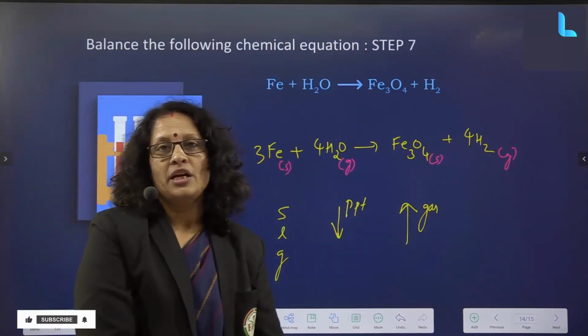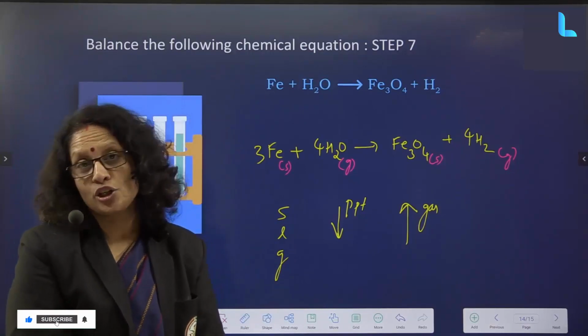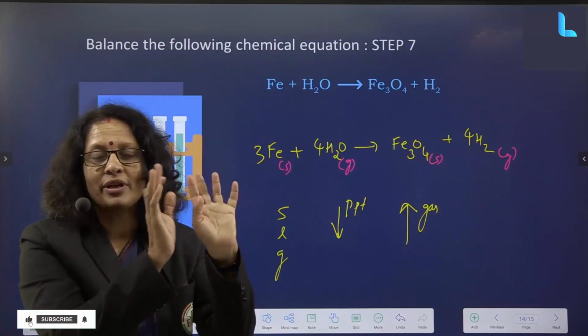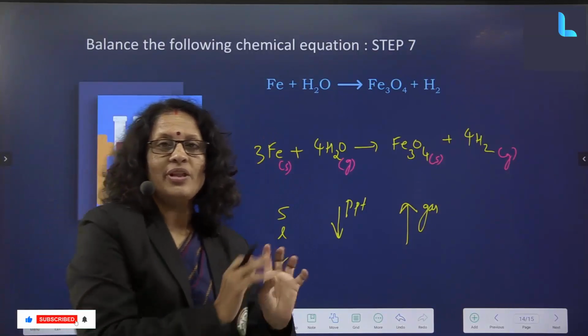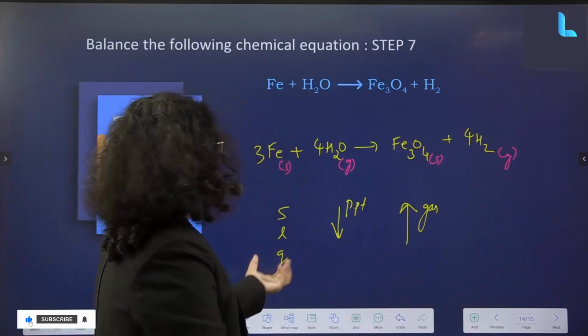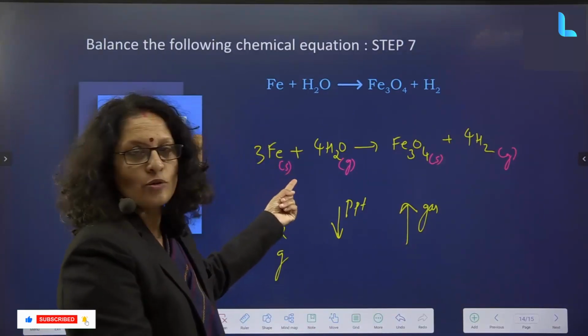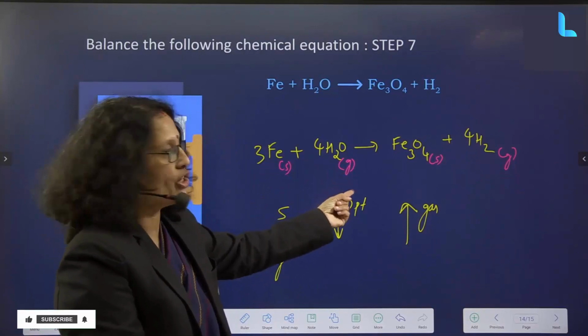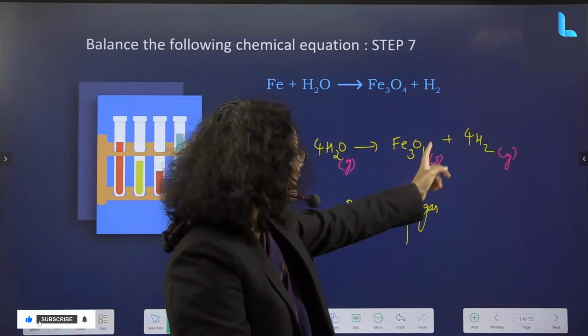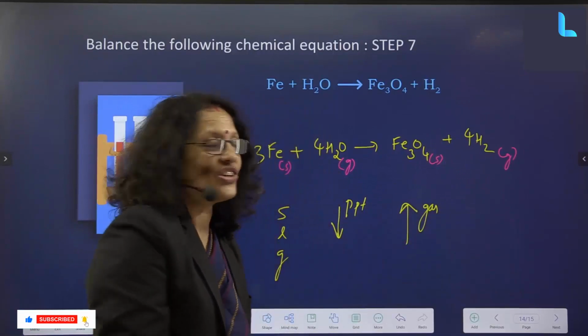Why? Because the interparticle force of attraction in a gaseous molecule is very less. Molecules will try to go up first because of their light mass, as well as their very low interparticle attraction. So now we will write Fe is solid, water is in gaseous state here, water vapors, Fe3O4 also in solid state, and hydrogen is in gaseous state.